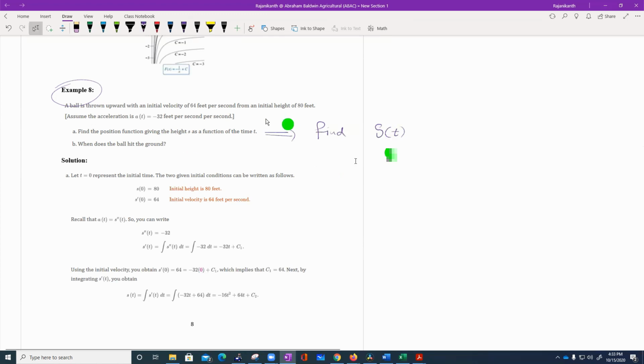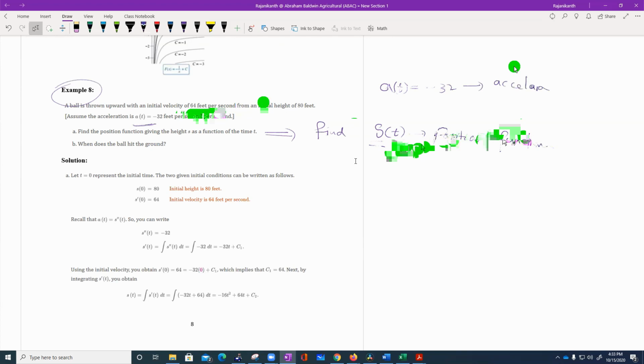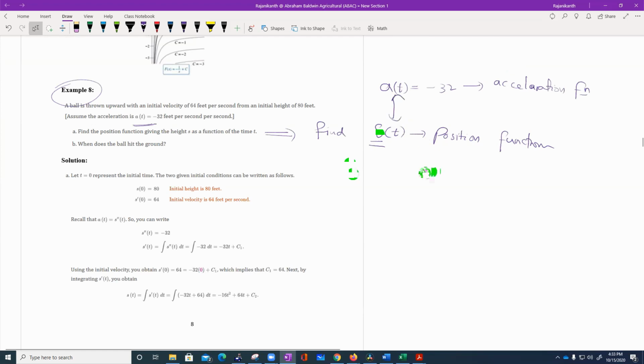But what is the given condition? The given condition was the acceleration function, right? The acceleration function is negative 32. So this is the position function. Now let's see. What is the connection between the position function and the acceleration function? What is the connection between these two functions? Well, one is the first derivative and the other is the second derivative. If we take the derivative of the position function, we write that as s prime.